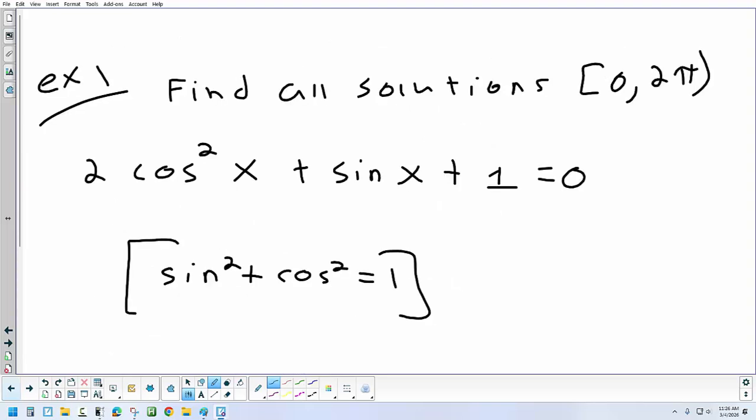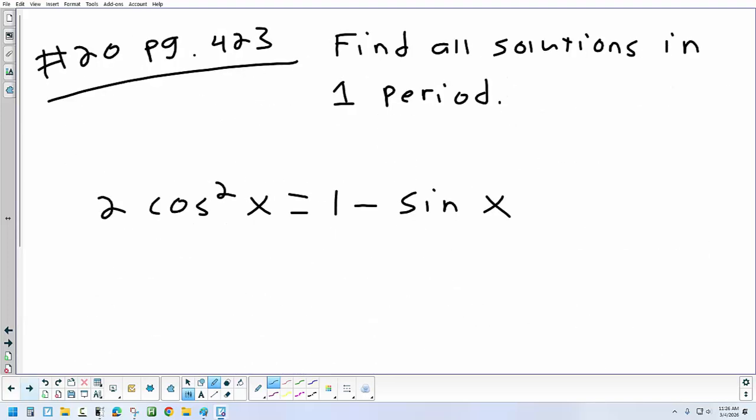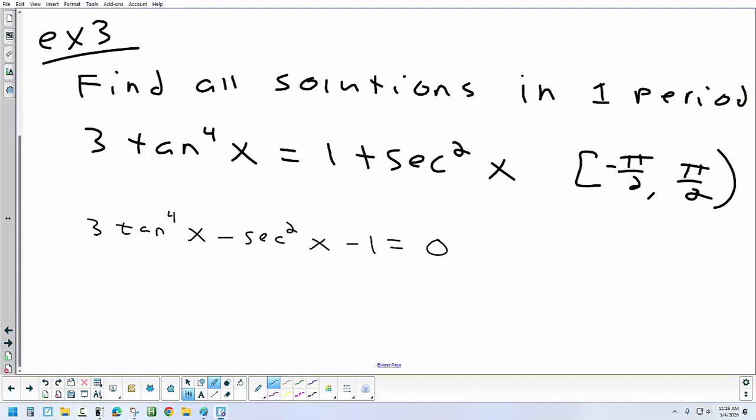What did we substitute for in this one and that one? You could do 1 over cosine squared and then substitute cosine. Okay, so you could try a reciprocal identity. I'll give you a hint. It's not really going to help.